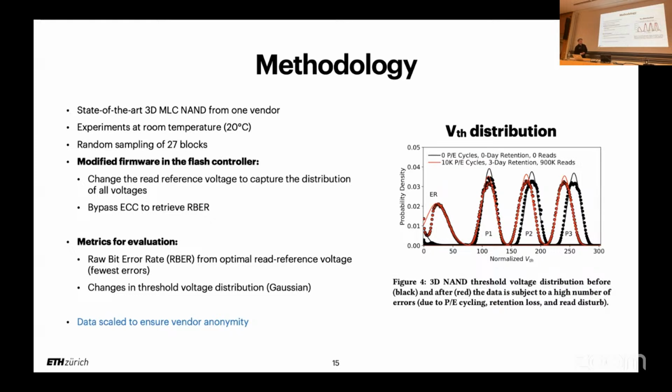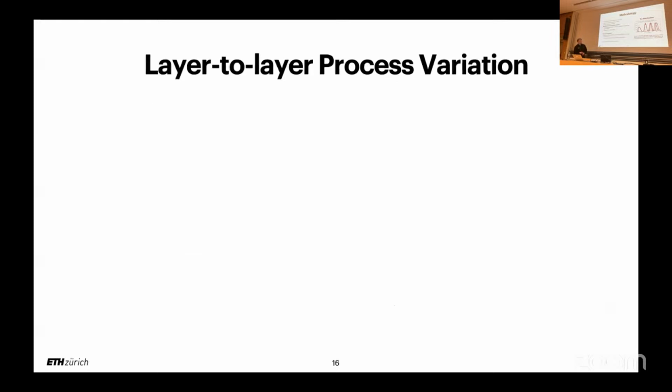And we note that the distribution of the threshold voltage is Gaussian, and that it shifts a little bit to the left due to retention loss. Also, probably noteworthy is that the data is scaled because they want to keep the anonymity of the vendor, because there's only one that they use.